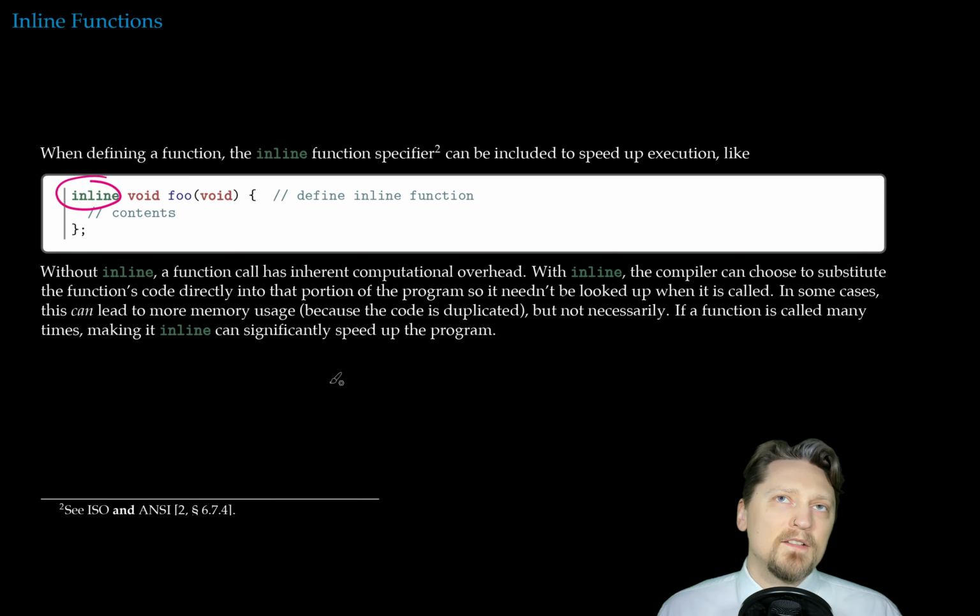However, it is noteworthy that many compilers will automatically inline a function to improve efficiency. So inline is a suggestion to the compiler that may or may not be ignored and may be performed even if you don't use the inline specifier.